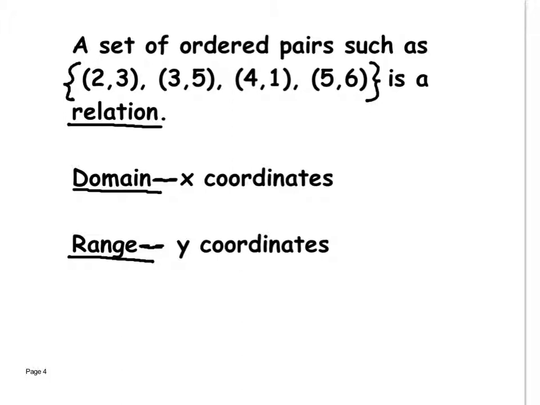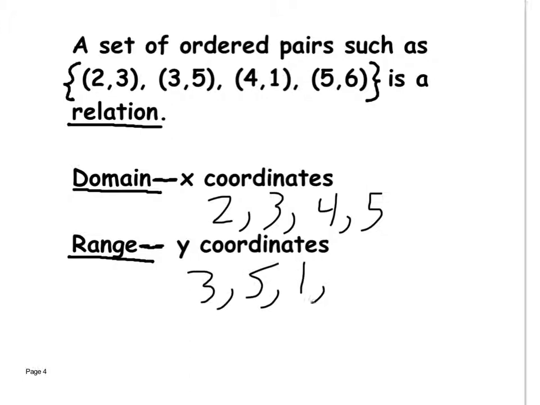So what is the domain of this relation? X coordinates, which are 2, 3, 4, and 5. What's the range of these? What are the y coordinates? 3, 5, 1, 6. There you go. That's all you need to memorize for later in the year. Domain is X, range is Y.